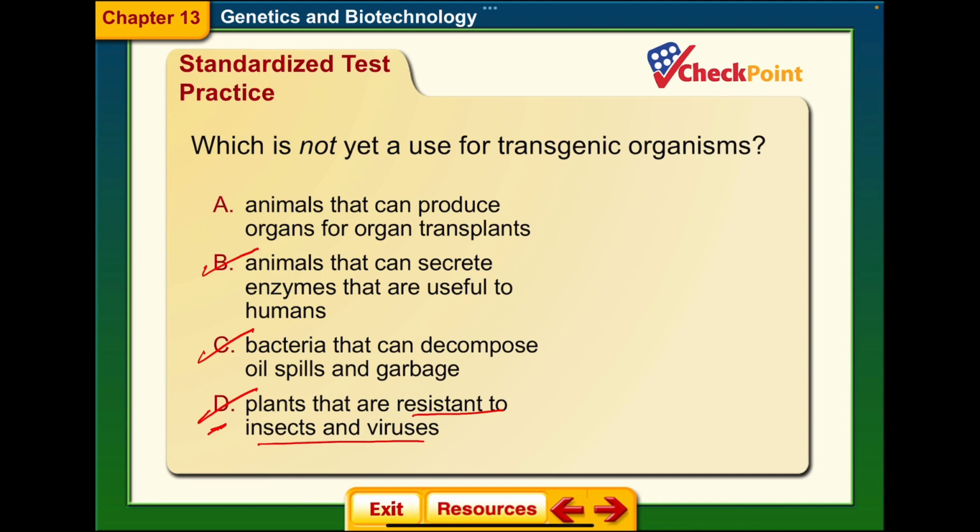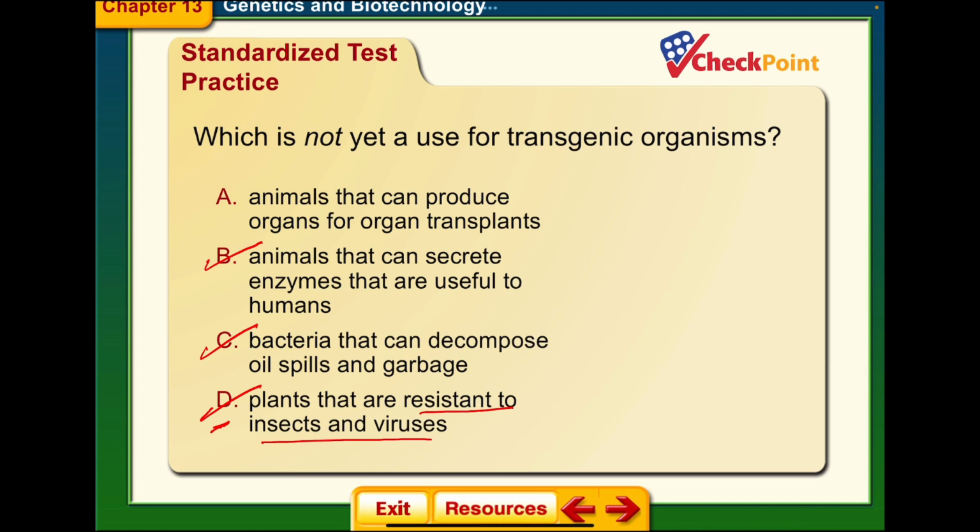So, for example, transgenic goats have been engineered to secrete a protein called antithrombin 3, which is used to prevent human blood from clotting during surgery. But the thing that they have not yet used is animals that can produce organs for organ transplants.